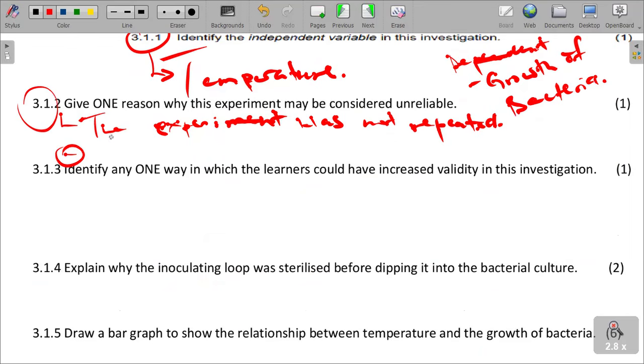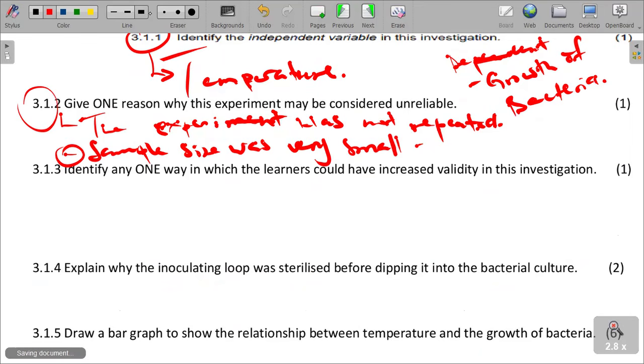We should also know that the sample size was very small. You can see that only one petri dish was used for temperature treatment.